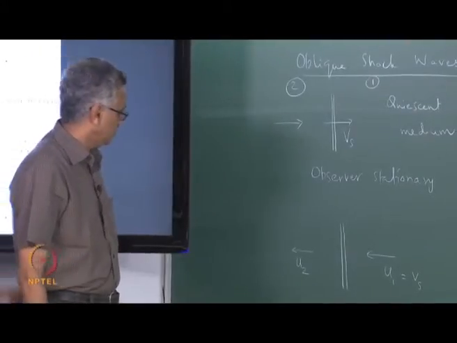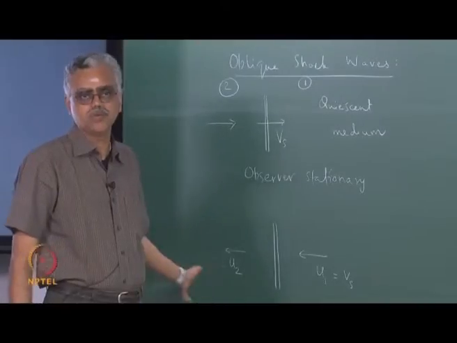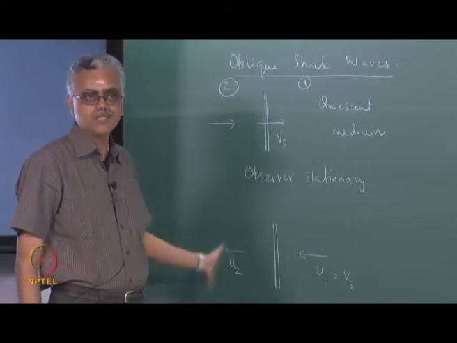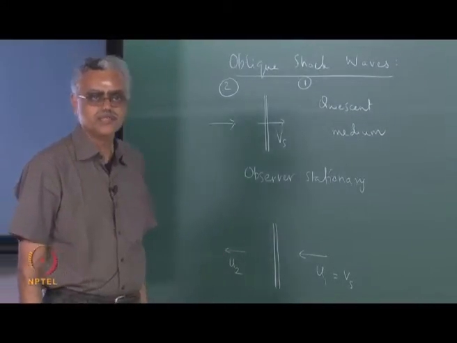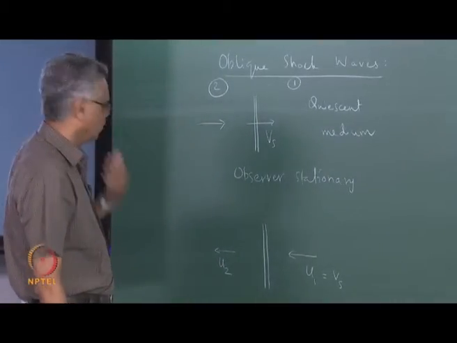We showed that u2 is less than u1, that is the permitted solution, and the process is a compression process. An expansion shock wave was forbidden by the second law of thermodynamics. These are the highlights of our discussion on normal shock wave.